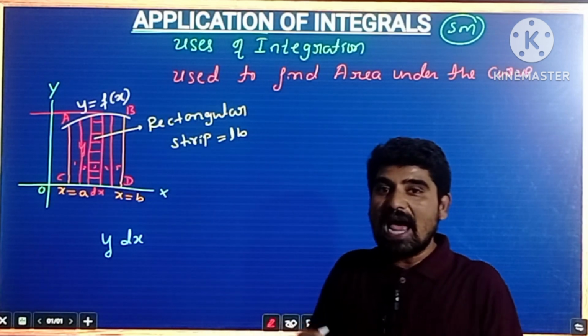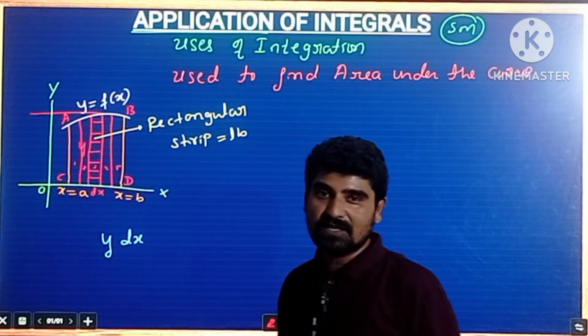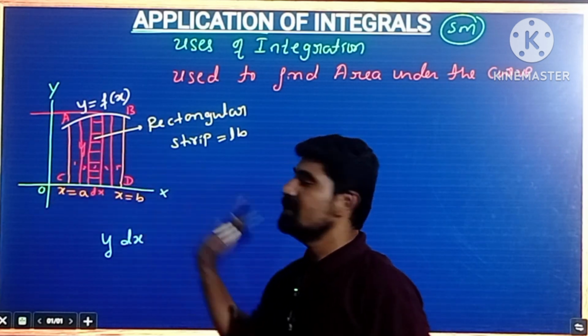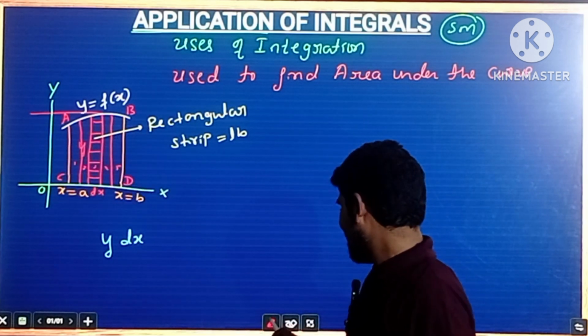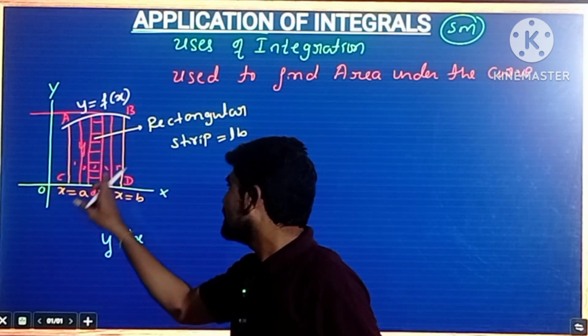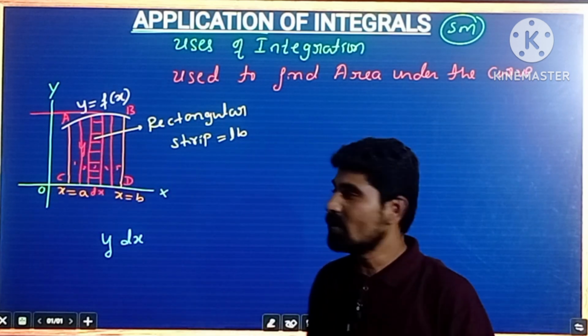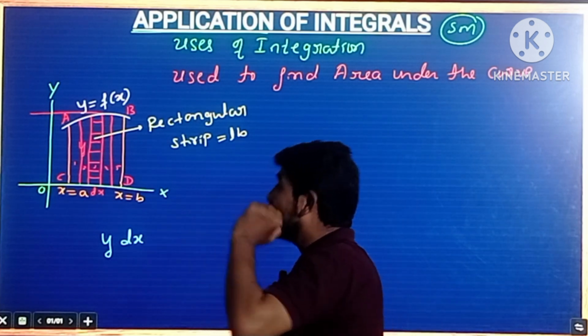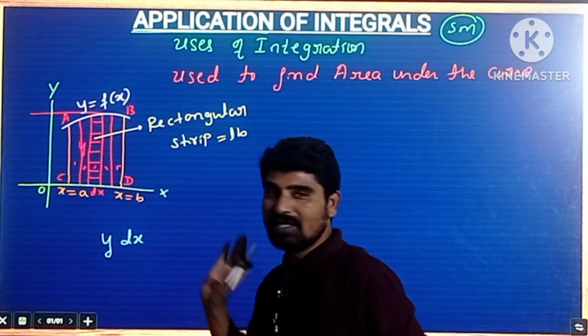And then I am going to add the area of each strip. That addition is equal to the required area ABCD. That summation is obtained by integrating this y into dx.